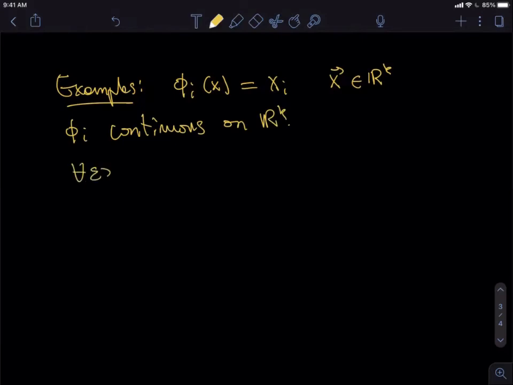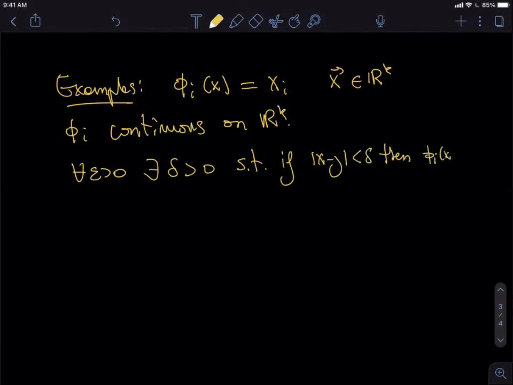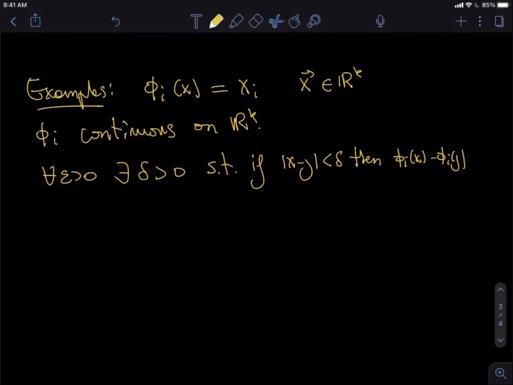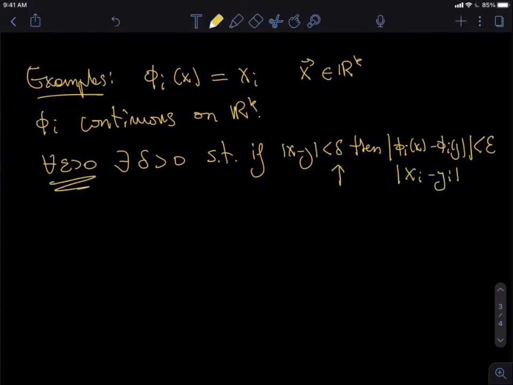For every epsilon bigger than 0, there exists delta bigger than 0 such that if the norm of x minus y is less than delta, then the absolute value of phi_i of x minus phi_i of y is less than epsilon. But now if we write what this is, here we have x_i minus y_i.